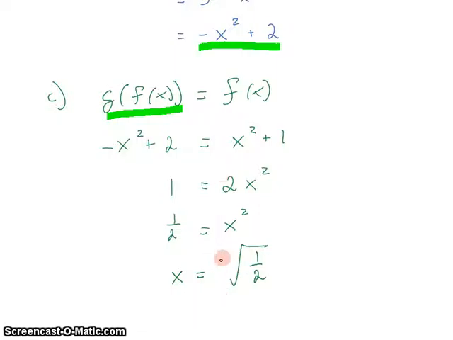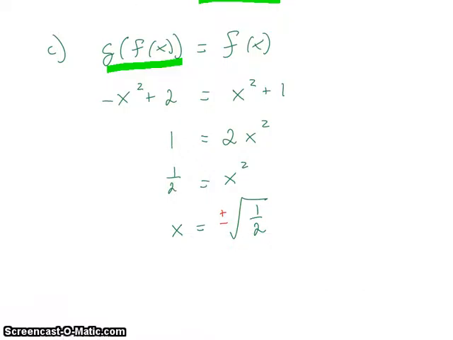Anytime you take a square root, you need to remember that you need to consider the possibility that the answer could be positive or negative or both. And without any context here, there's no reason to throw away the negative part, so we're going to keep positive and negative. We're basically done here. There's just a small simplification remaining. We can distribute this square root because we just have multiplication and division underneath, no addition, no subtraction.